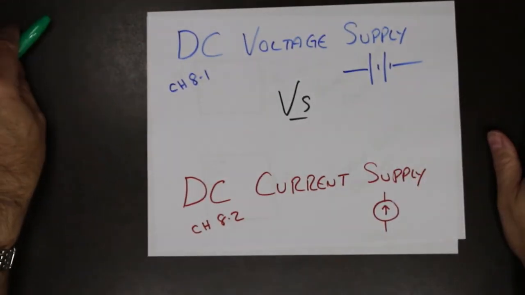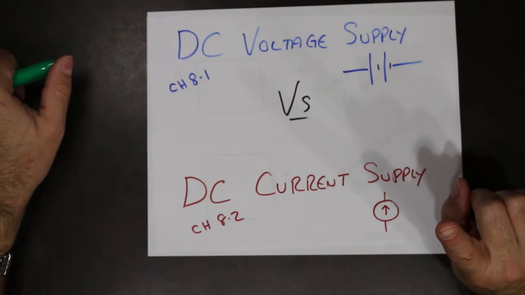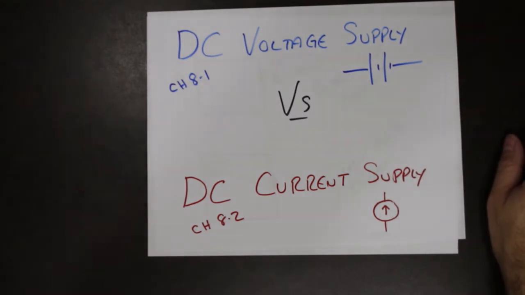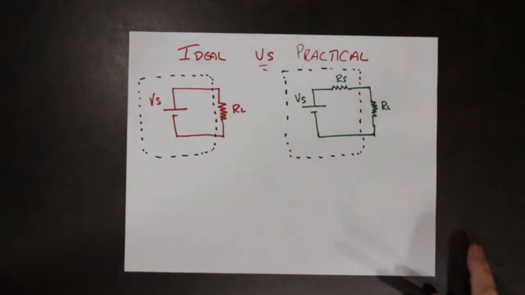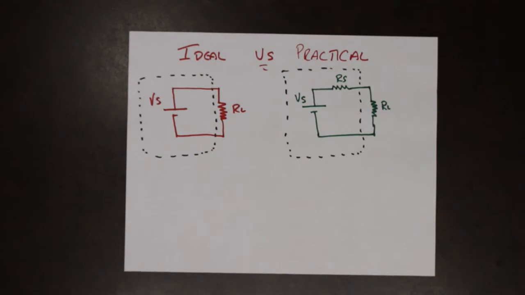So what does this all mean? Well, let's take a look. First we're going to look at the voltage supply. We have to understand a concept called ideal versus practical. Ideal means that in a perfect world, this is what it would look like.